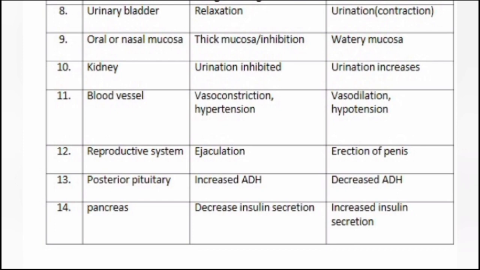You will have hypertension in that. You want to fight. And then you have a decrease in insulin secretion, and the posterior pituitary will increase its secretion, and the adrenal gland as well. When you want to fight, you want to produce more hormones, right? Then you can just fight with that particular person. So this is about the functions of sympathetic and parasympathetic.